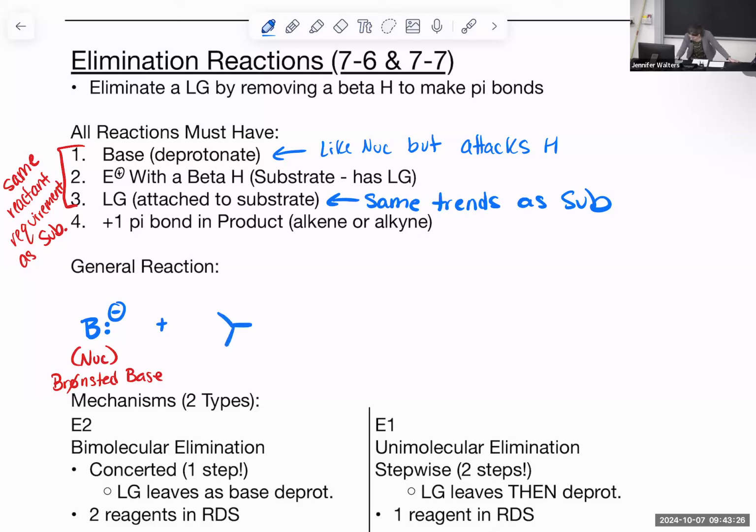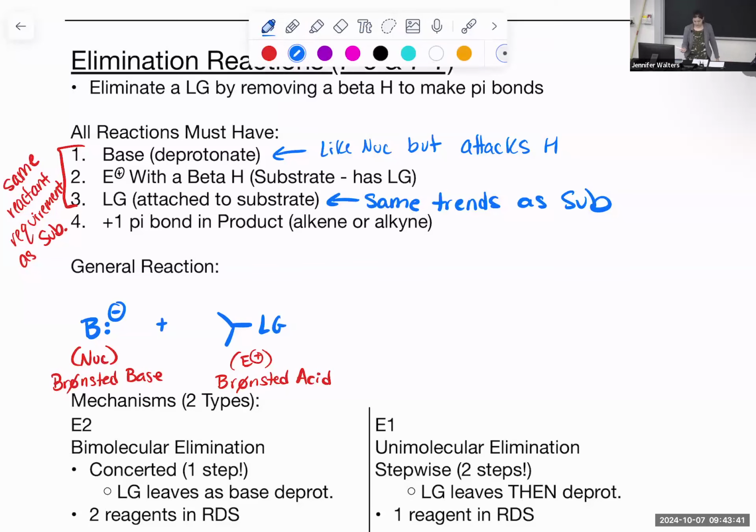Then I need to have my electrophile, the thing that is going to act as the Bronsted acid. And then that's going to make my alkene. Then my byproducts are now leaving group left. That's the same as what I saw before.